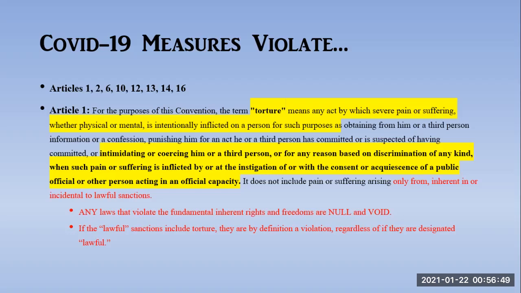So that right in there is a contradiction, because any laws that violate the fundamental inherent rights and freedoms should be null and void. If the lawful sanction includes torture, then they are by definition a violation, regardless of if they are designated lawful.